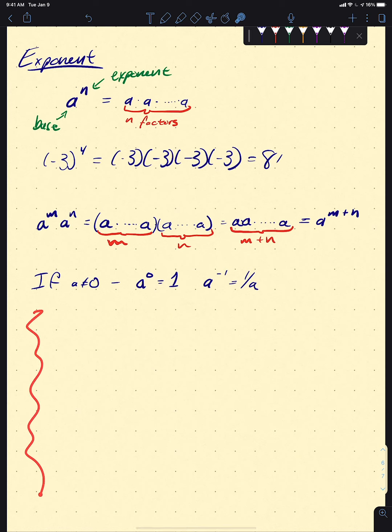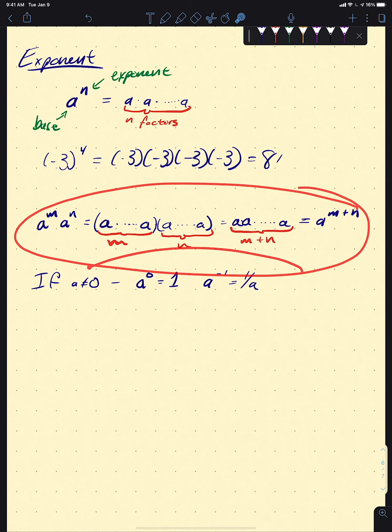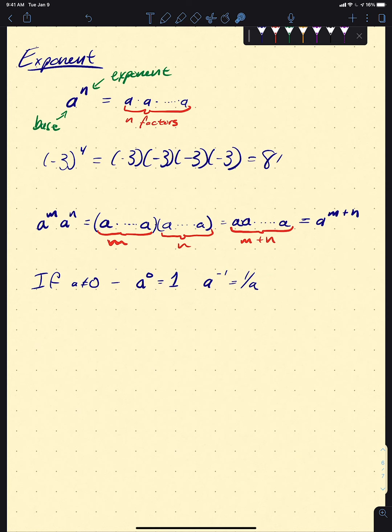We're going to write down 6 laws for you right here, and these can actually all be proven just from this fact and these 2 facts. So here we have the laws of exponents. These again hold no matter what, right?